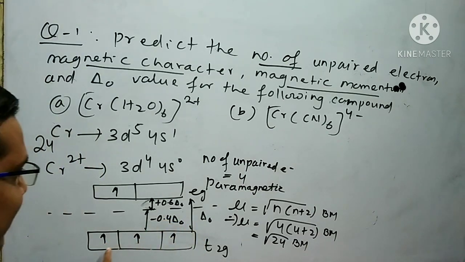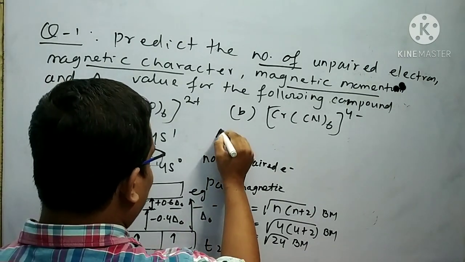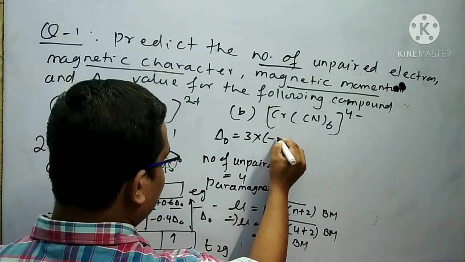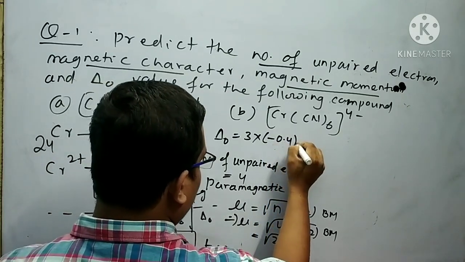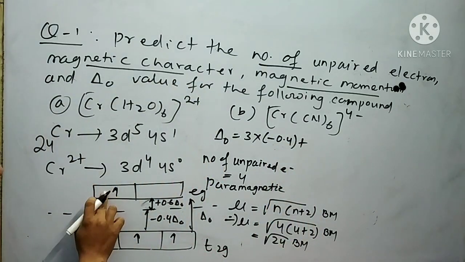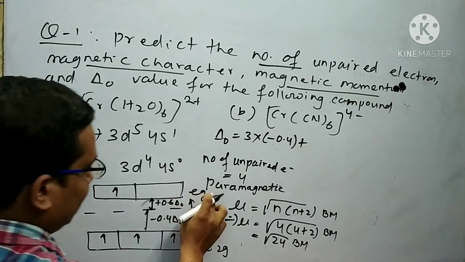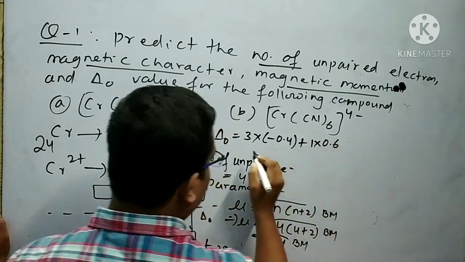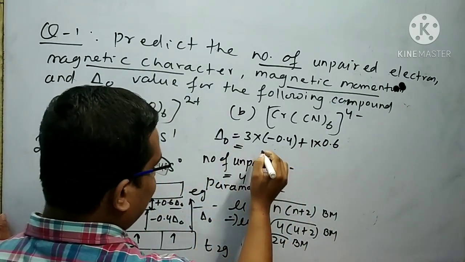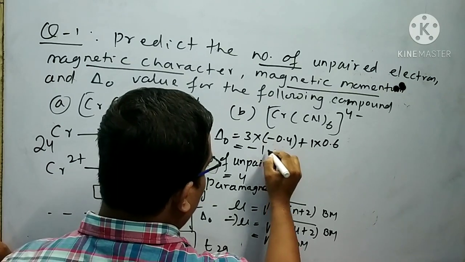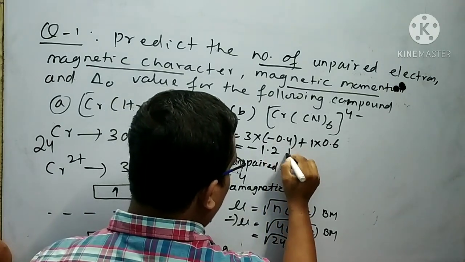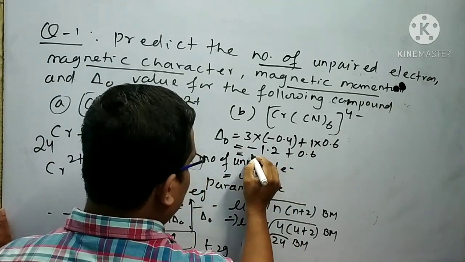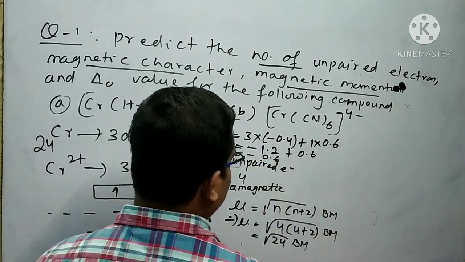There are 3 electrons present in the t2g set, so we can write del 0 is equal to 3 into minus 0.4, plus there is 1 electron present in the eg set of orbital, so we can write 1 into 0.6. That means I can write minus 1.2 plus 0.6. So we can write minus 0.6.